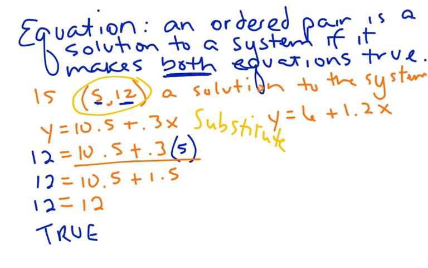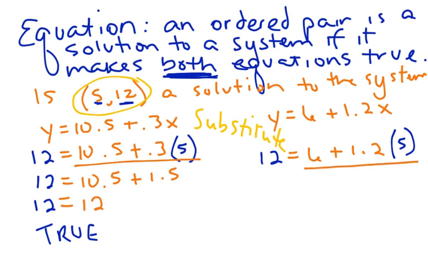But remember, both equations must be true, so I have to do it for the second equation also. So I'm going to take the y and substitute in 12 equals 6 plus 1.2 and plug in the 5 for the x. Now again, we are going to simplify this side of the equation.